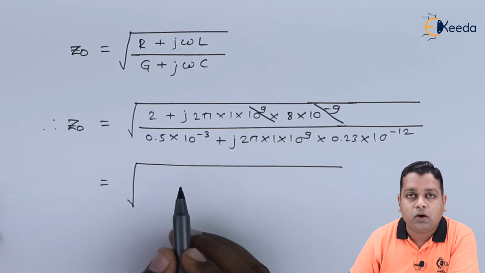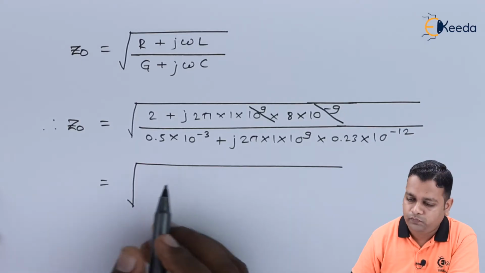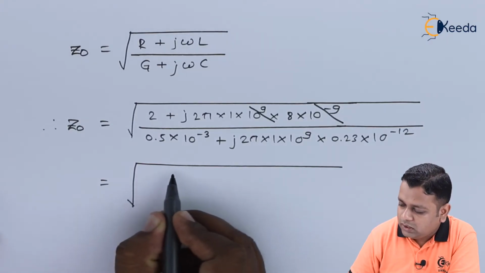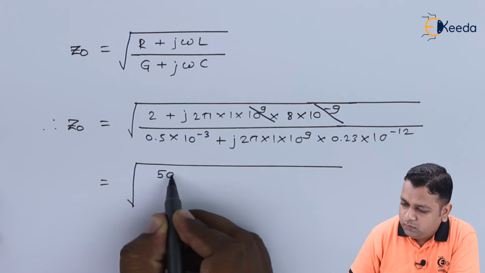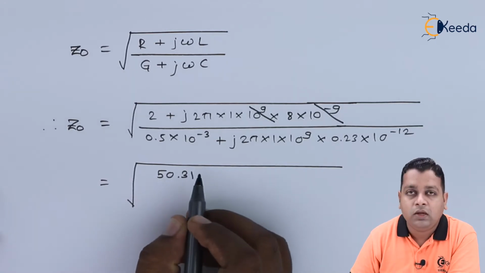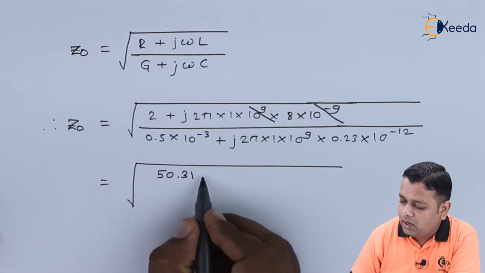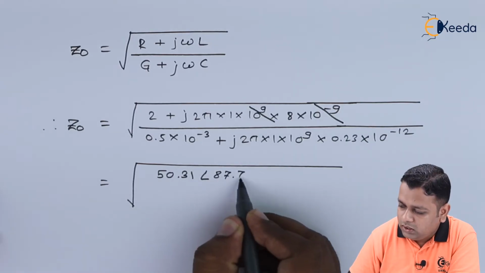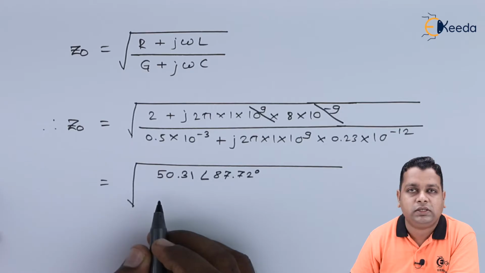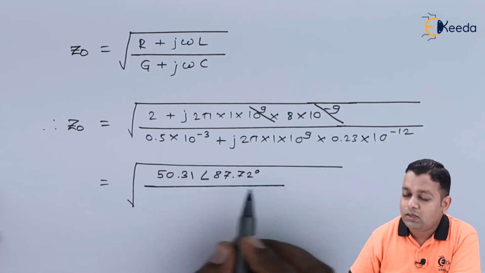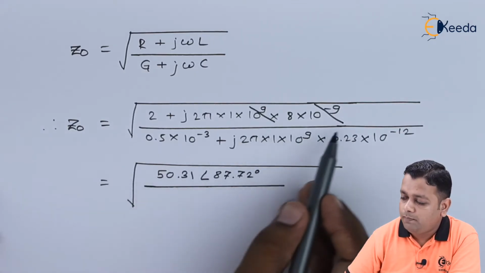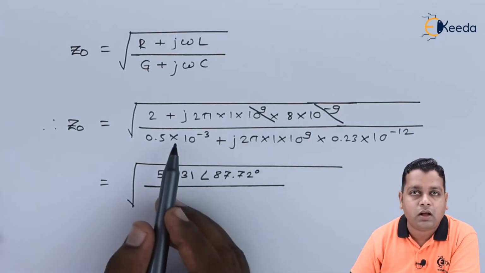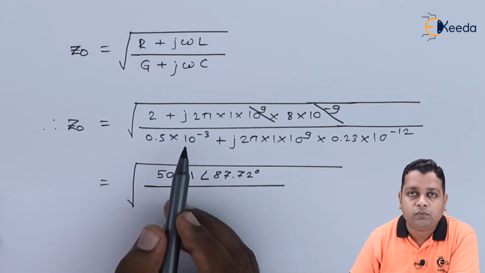We have the equivalent representation in polar form: the magnitude is 50.31, whereas the angle that we have calculated is 87.72 degrees.